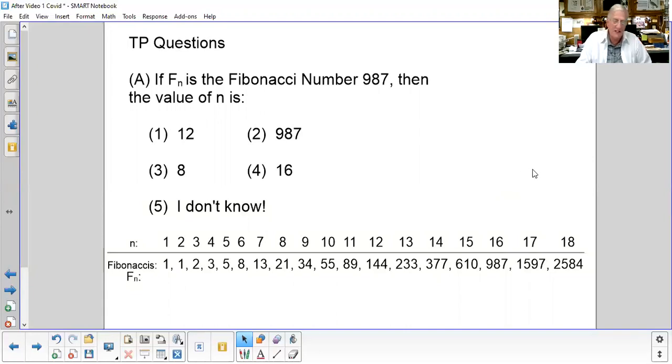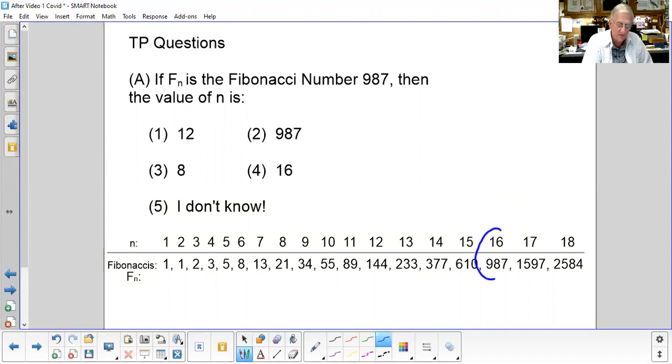Well, you can see that 987 is right here, and it is the 16th Fibonacci number. So n has to be 16. So it would be f sub 16, or the value of n is 16. Okay, great. Let's go on.